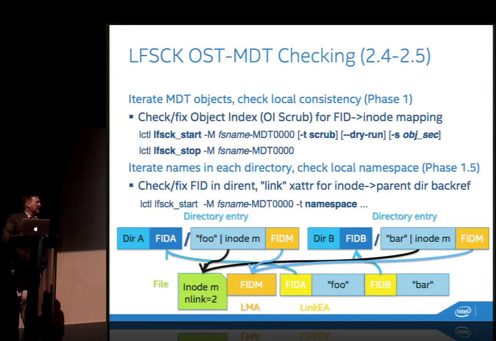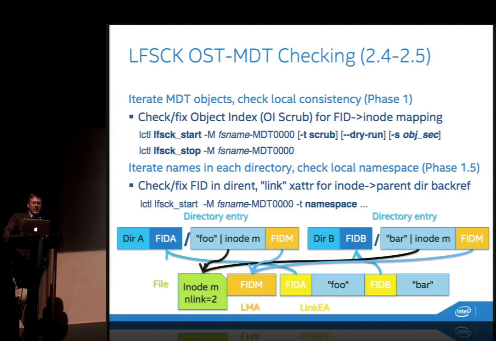And then in the 2.5 time frame, we added in the LFS check 1.5, and it added in the -T namespace option, which lets you verify the FIDs that are stored in directory entries.